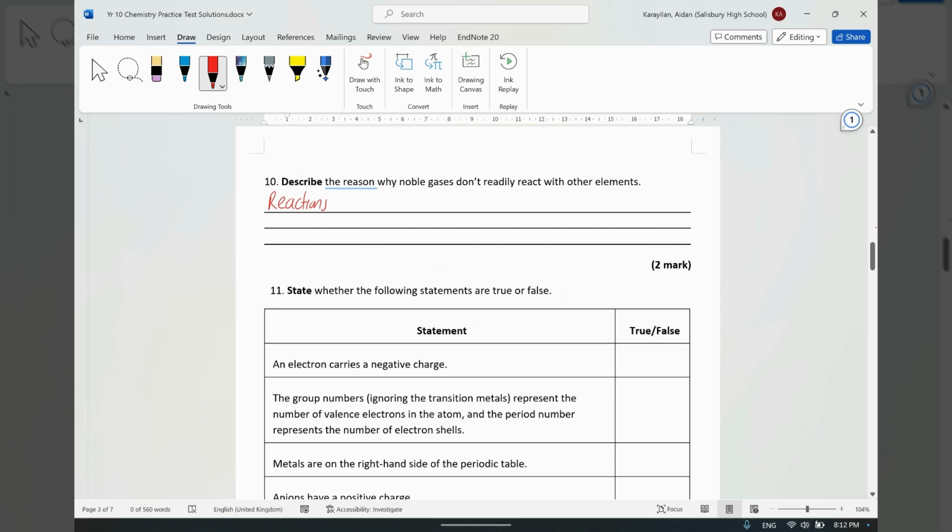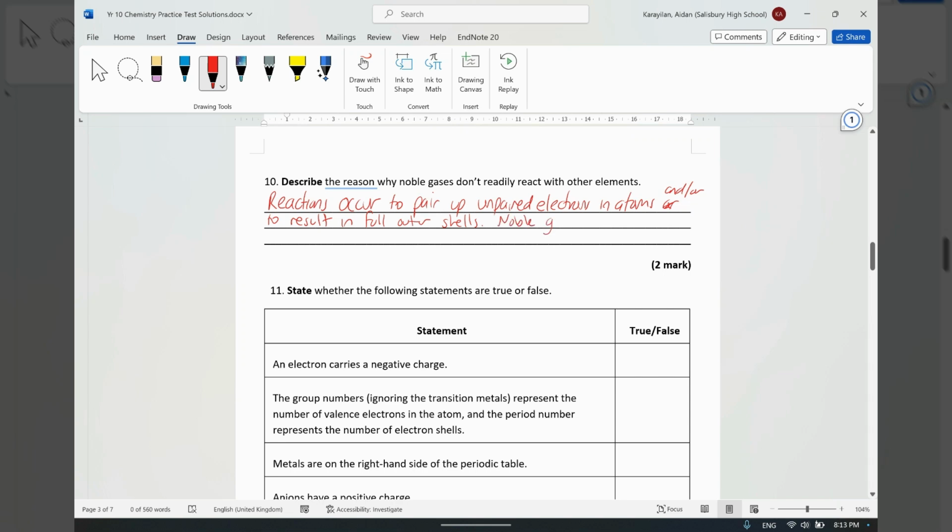Reactions occur to pair up unpaired electrons in atoms, or to result in full outer shells. So the reactions occur to pair up the unpaired electrons.